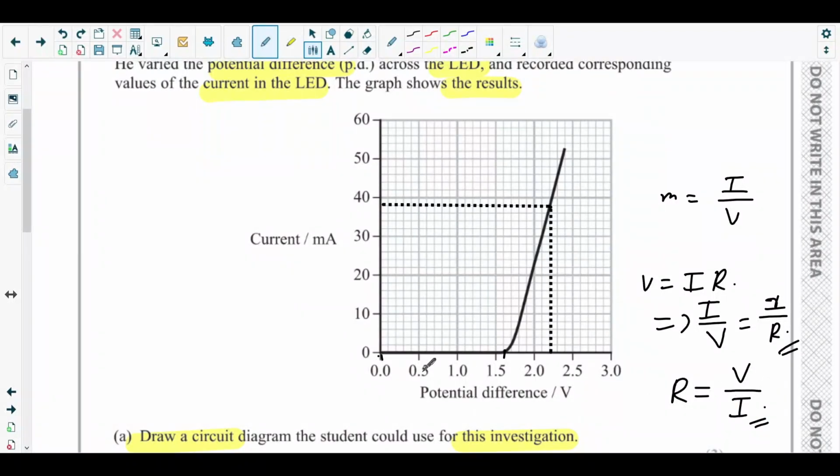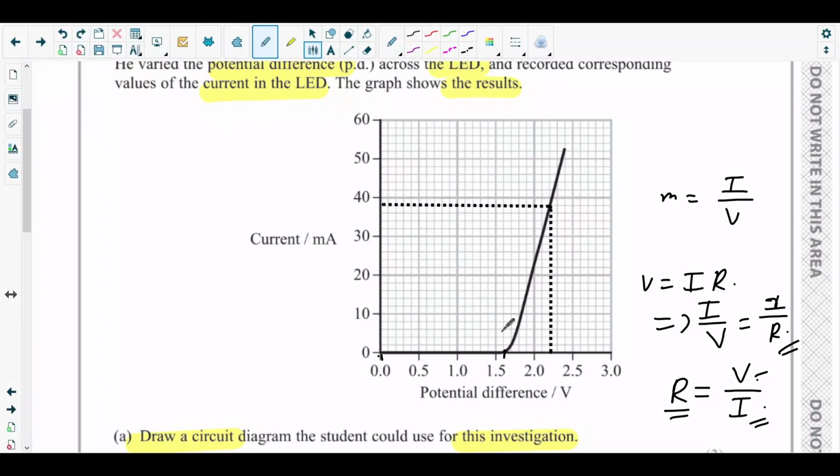So that means from 0 to 1.6 volt, there is voltage, but there is no current. That means V over I is undefined, that is infinite. That means from 0 to 1.6 volt, the resistance of the LED is infinite. Okay, and after 1.6 volt, this is the first point, the resistance across the LED was infinite when the PD across the LED was 0 to 1.6 volt.